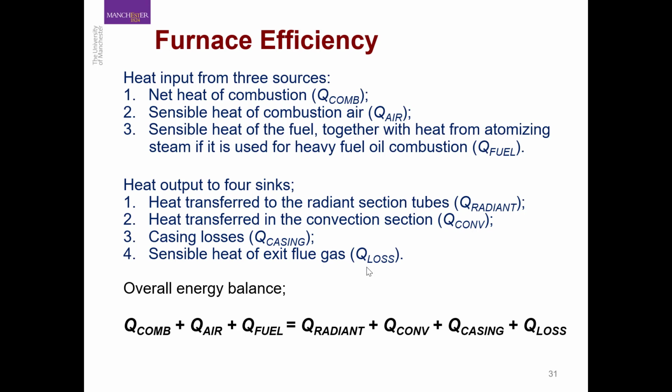Okay, so if you perform an energy balance, you will see that we have these three sources and four sinks in the furnace. So number three and number four heat sinks are going to be lost to the environment, and we are not going to benefit from them. So we are not going to consider them when we are calculating the efficiency of the furnace.